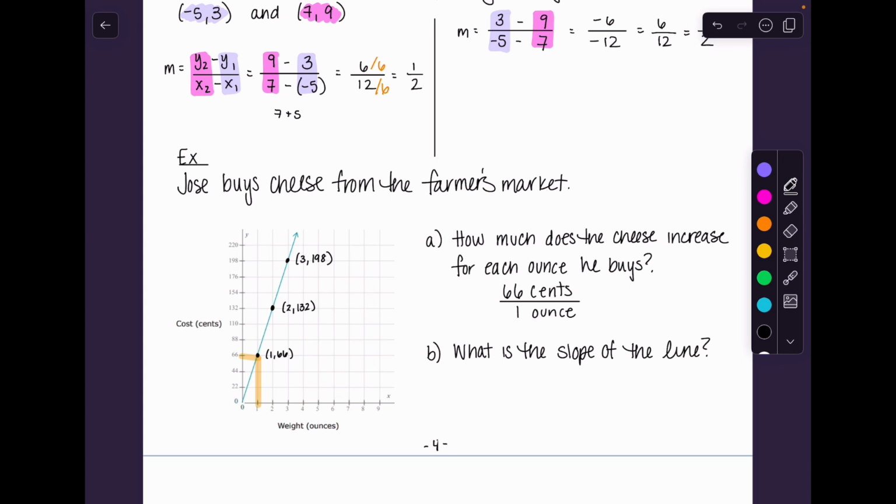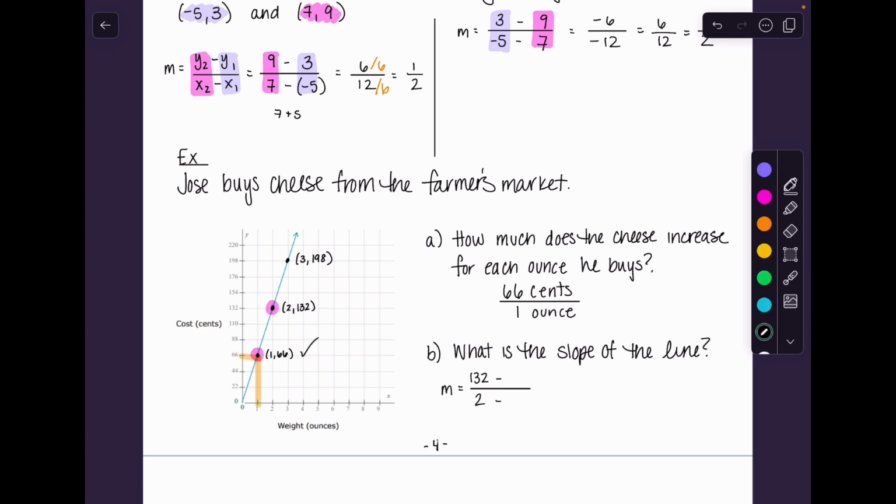Now, if I want to find the slope of the line, I'm going to just pick any of these 2 points. So I'm going to go ahead and pick this one, 1, 66, and then the one right after that, 2, 132. But again, you can pick whichever 2 points that you want. So if I go to find the slope, m, we go ahead and set up our fraction with subtraction. Starting with this point, our y value is 132, and the x value is 2.